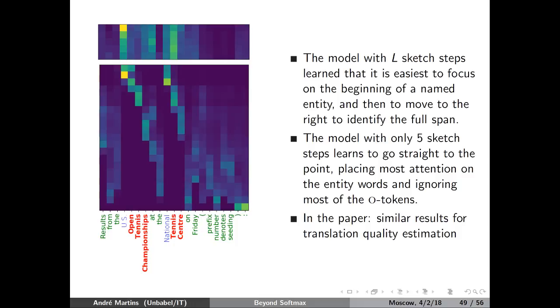So for example, for the words US Open Tennis Championship and National Tennis Center, it's doing this in parallel, assigning labels to these two entities, and it's completely ignoring words that do not belong to any entity. So it doesn't put any attention on those words. While the method that is forced to go through all the words doesn't exhibit this parallel behavior that much. So it goes really word by word.